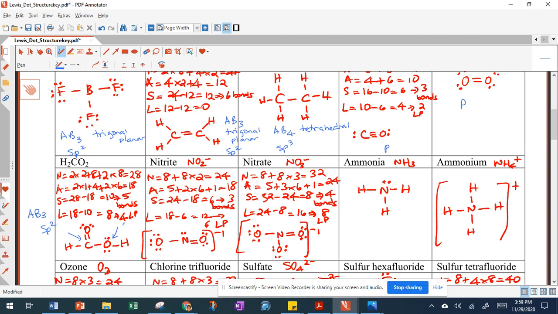This one here would be AB2N2, which would have 4 regions, and that would have an sp3 hybridization, because a single s and 3 p's will add up to 4, so that will give you those 4 regions.